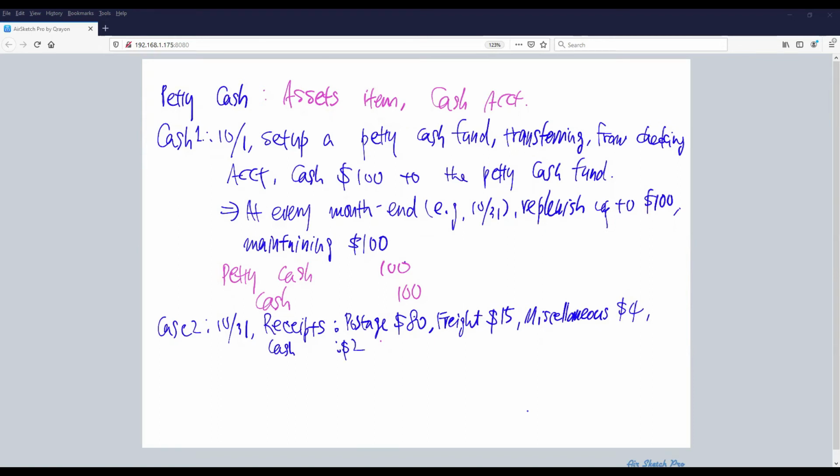Maybe it doesn't make sense. Okay, cash left unused of 50 cents. Okay, in this case, what do you see?